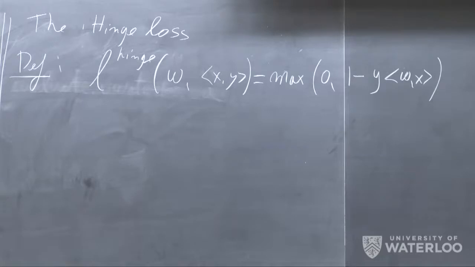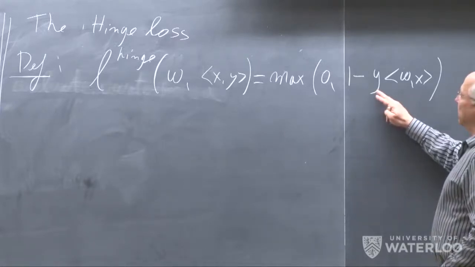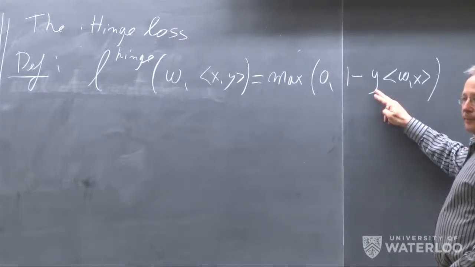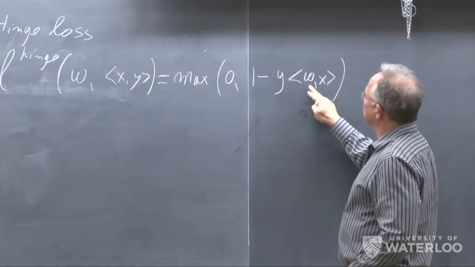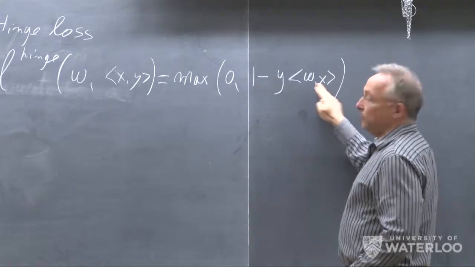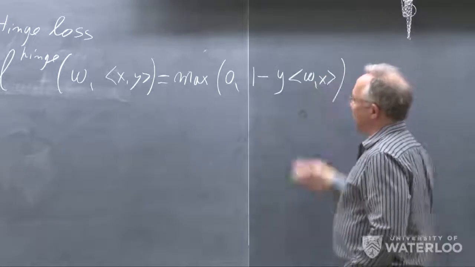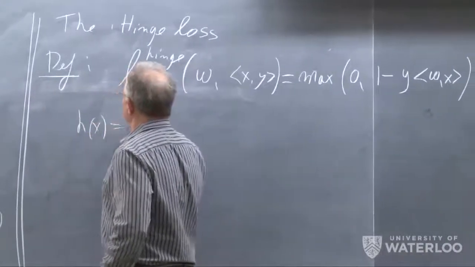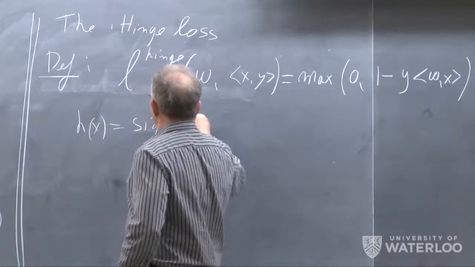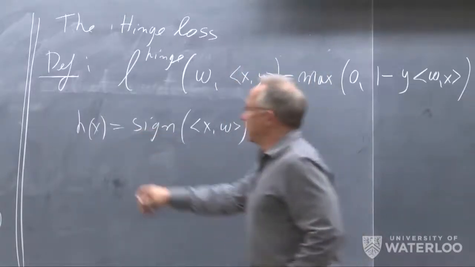So let's see what it means. Note that this xw is our predictor; we try to predict with h_w of x equals the sign of the inner product of x and w.